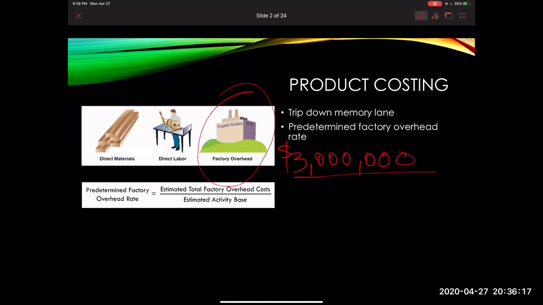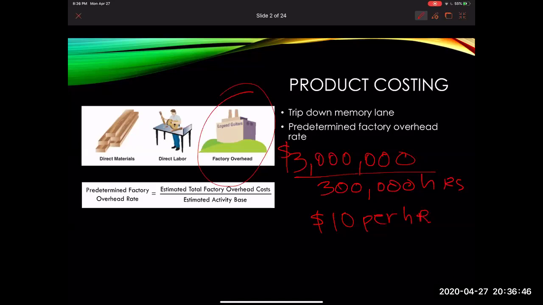Maybe our activity base is 300,000 hours. In that sense, our predetermined factory overhead rate, given this information, would be $10 per hour.